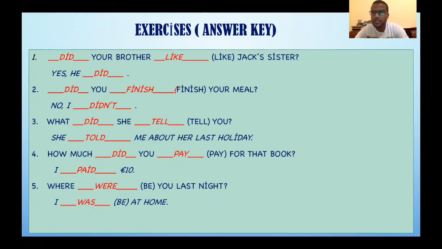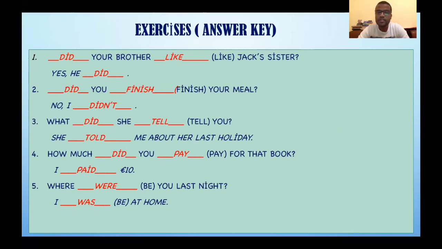This is what I wanted to explain in this video about simple past. We covered the forms of simple past: affirmative, negative, and the question form. In affirmative, we have to pay attention to regular and irregular verbs. Irregular verbs change completely, and you must learn them by heart.